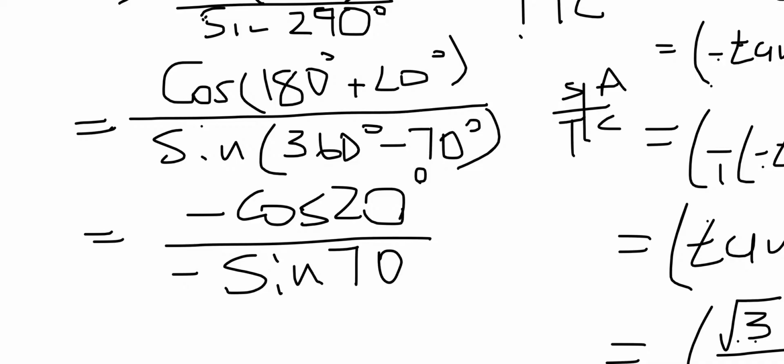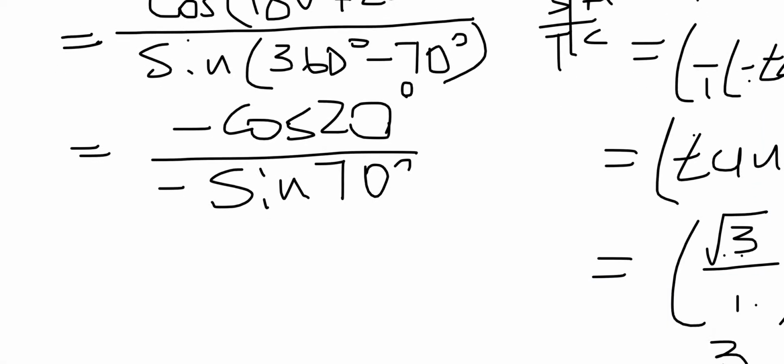That's why I'm writing that negative there. Already that negative cancels with that. And then now you can easily say I'm having cos of 20 degrees.